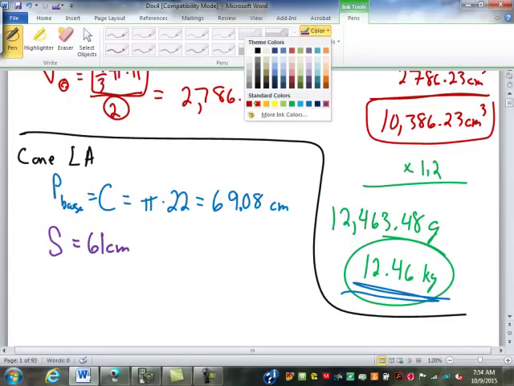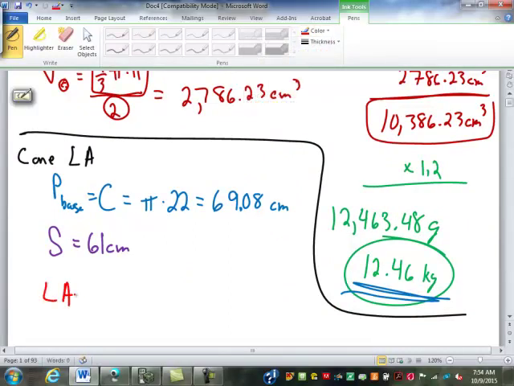So the lateral area, if you recall, lateral area is the perimeter of the base times the slant divided by 2. So 69.08 times 61 divided by 2.